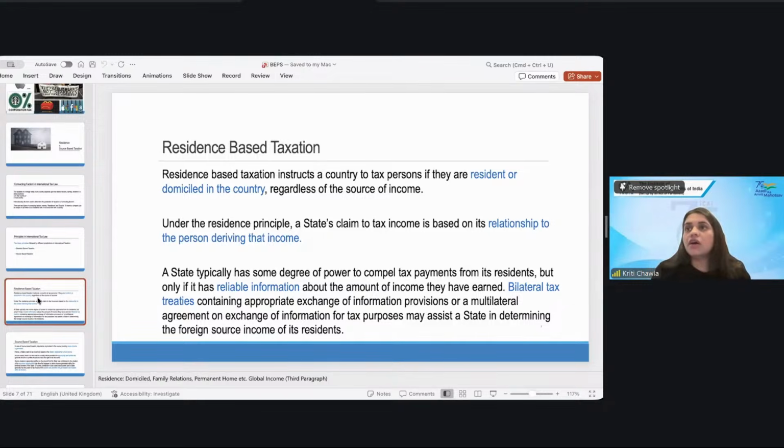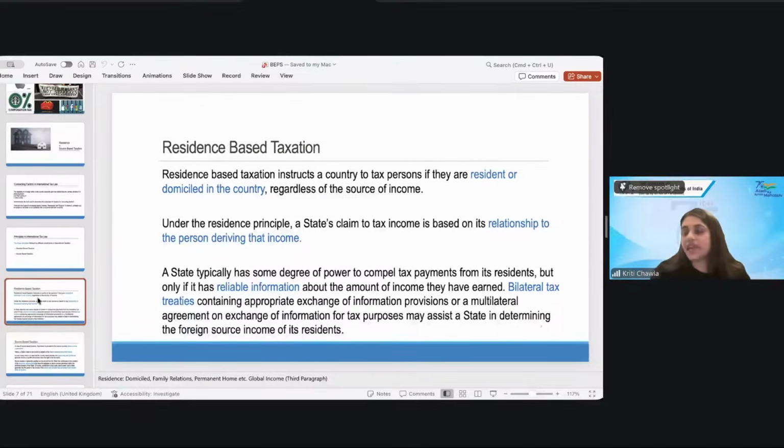So, if a particular company is a resident of India, how will India know the amount of income they have earned in the UK, for that matter? For that, we have bilateral tax treaties.